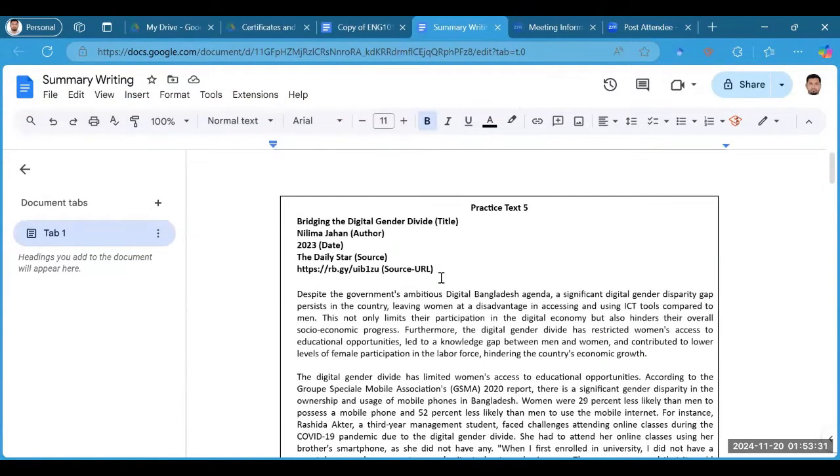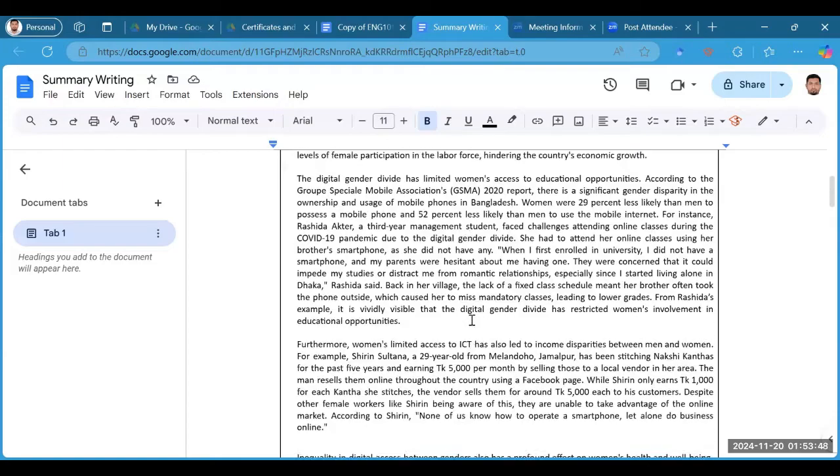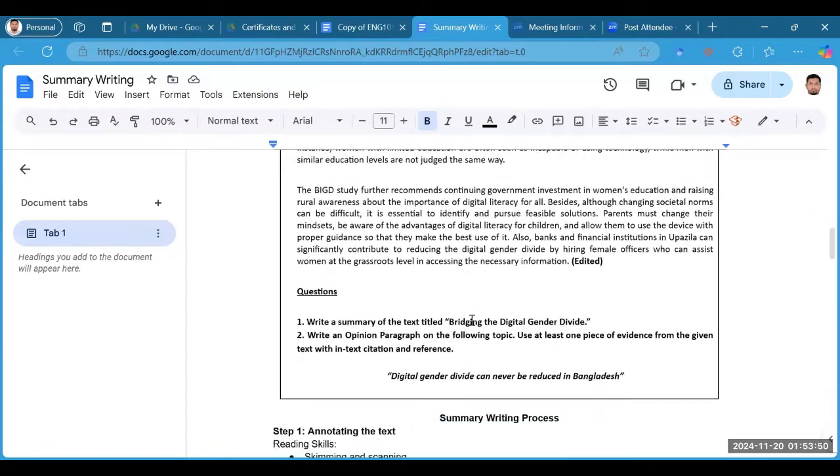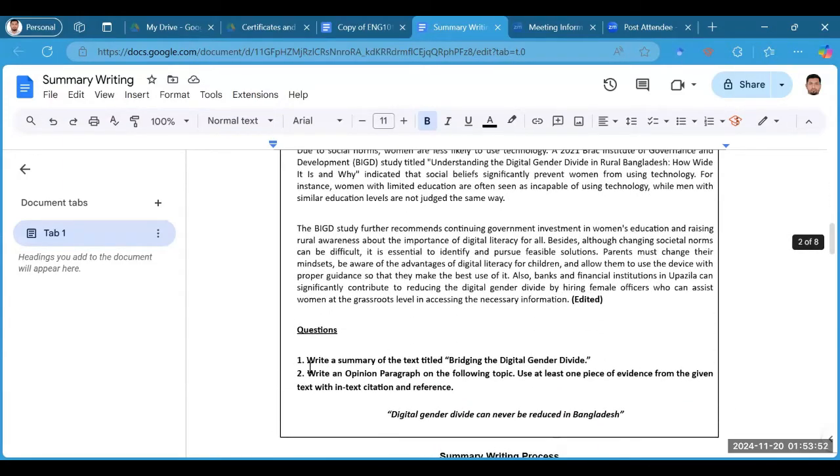All right, so first I want to show you a sample of a midterm question. This question is available at the end of the booklet. The title is Practice Text 5, and you can see the text here. The text is followed by two questions.